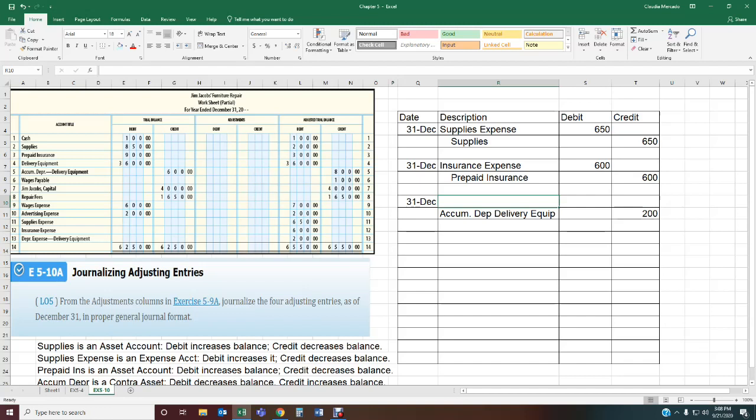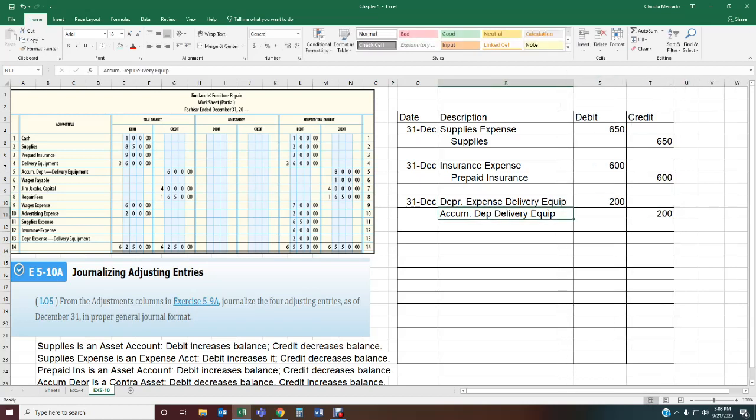Now my balance is 200. So that means I recognized depreciation for the period of $200. So I'm going to have here depreciation expense for delivery equipment for $200. So this is like a puzzle. You have to figure out, if something increases or decreases, what is the offset?